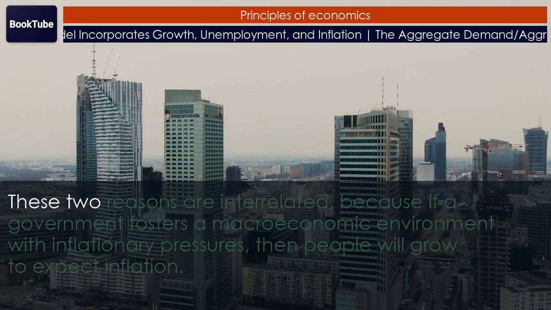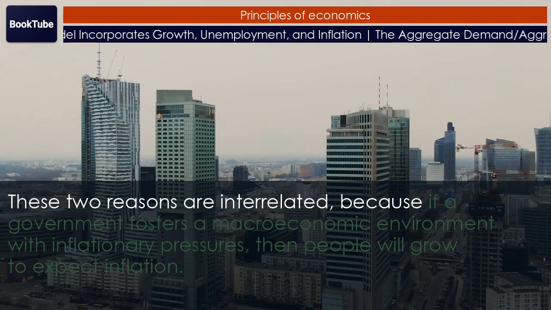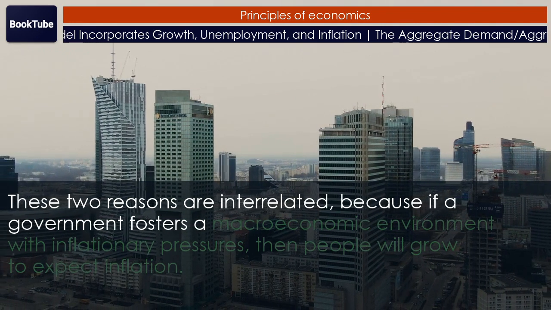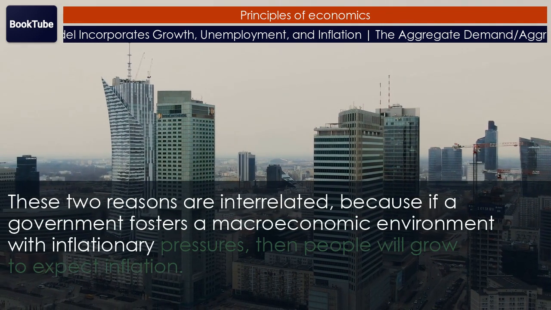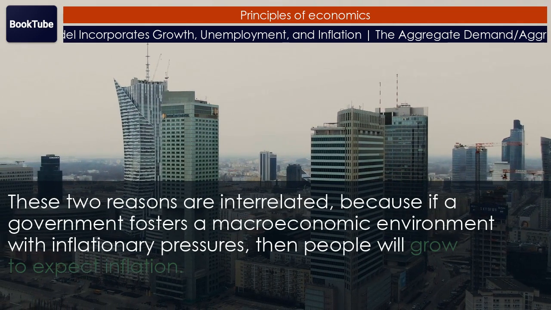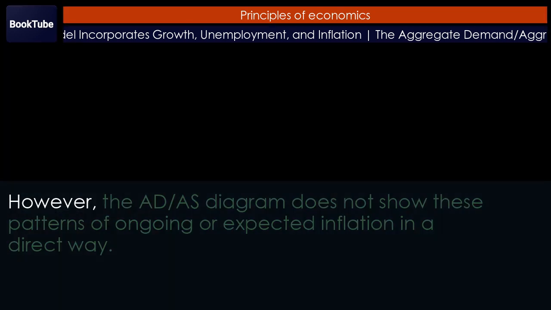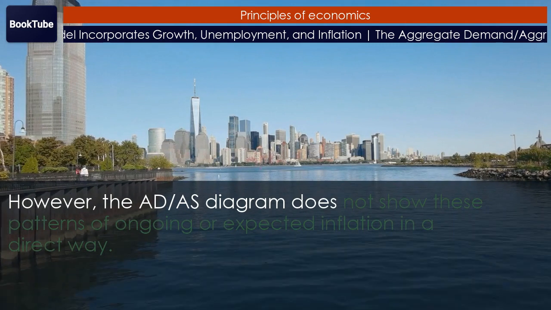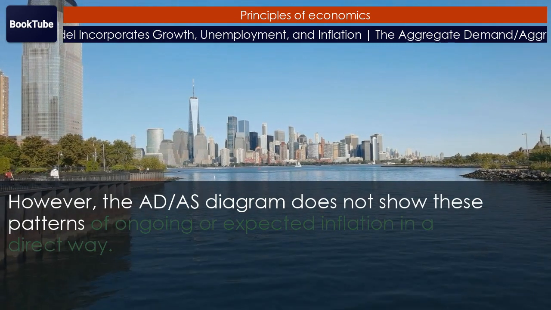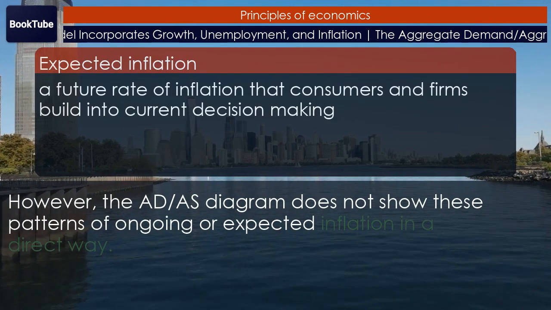These two reasons are interrelated, because if a government fosters a macroeconomic environment with inflationary pressures, then people will grow to expect inflation. However, the AD diagram does not show these patterns of ongoing or expected inflation in a direct way.